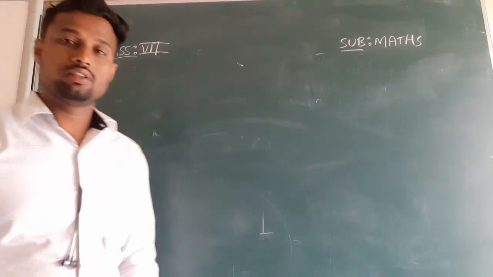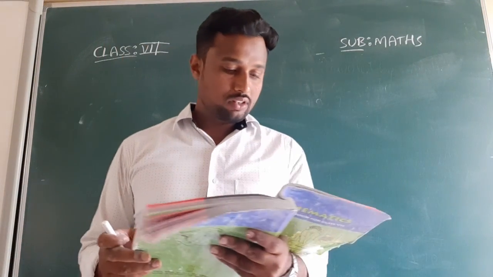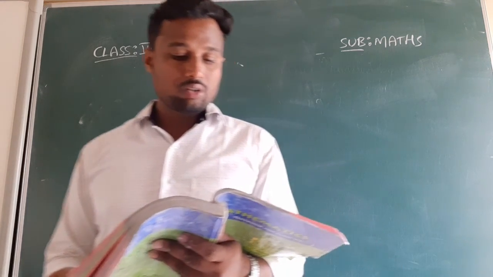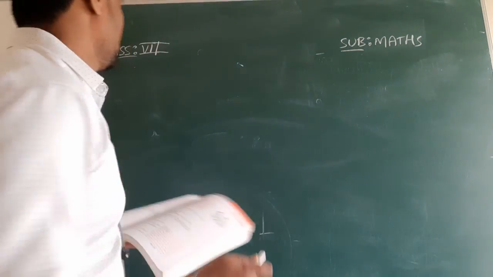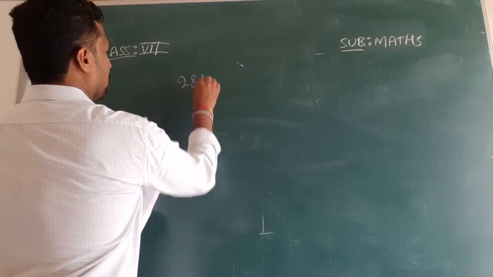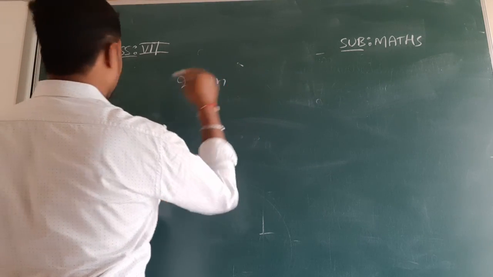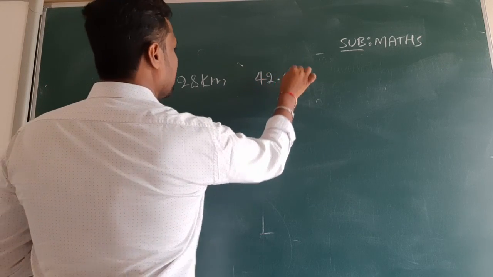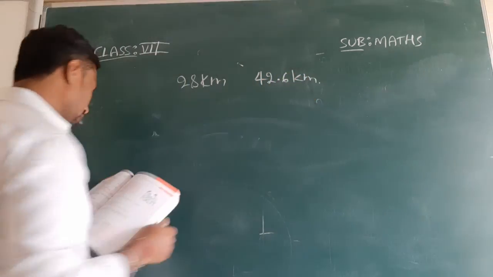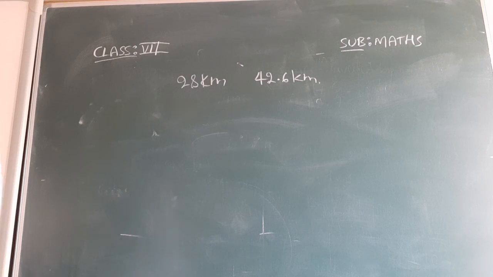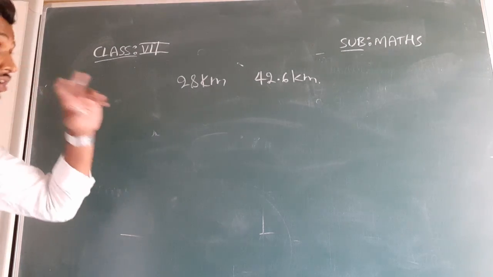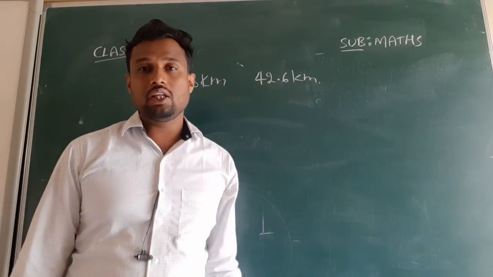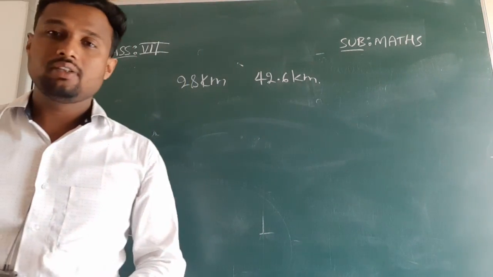So here they are given how much less is 28 kilometer than 42.6 kilometer. So they are asking this 28 kilometer, this is how much less than 42.6 kilometer. Okay. So how to calculate or how to find out the difference between this 28 and 42.6 kilometer?